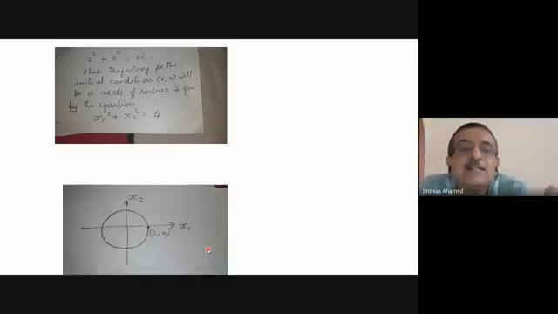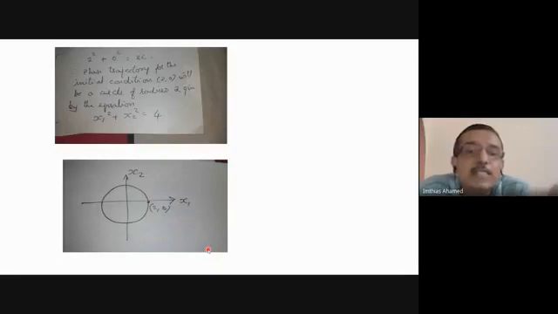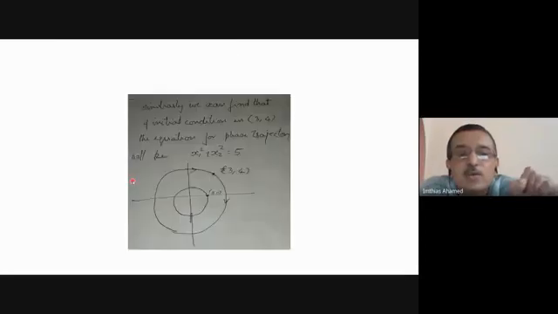By seeing this, you know this is an equation for a circle. So the phase trajectory is a circle. We didn't do any experimentation. And the beauty is, once you get this kind of expression, you can draw the phase portrait also. If the initial conditions are 3 and 4, then you will have a bigger circle.